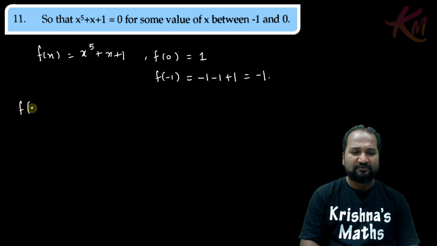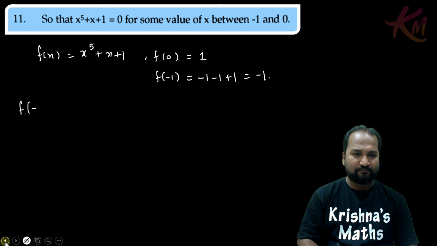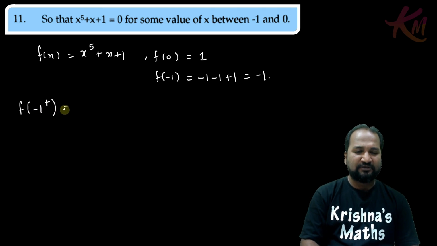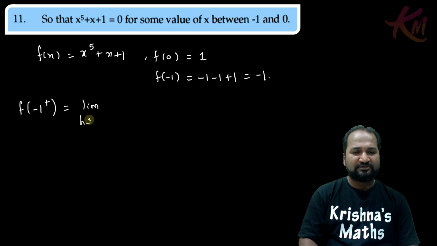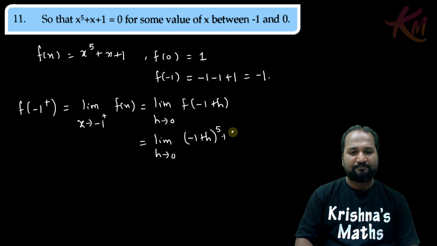Now f of minus 1 plus equal to limit x tends to minus 1 plus f of x, which is equal to limit h tends to 0 f of minus 1 plus h, which is equal to limit h tends to 0 of minus 1 plus h raised to 5 plus minus 1 plus h plus 1.